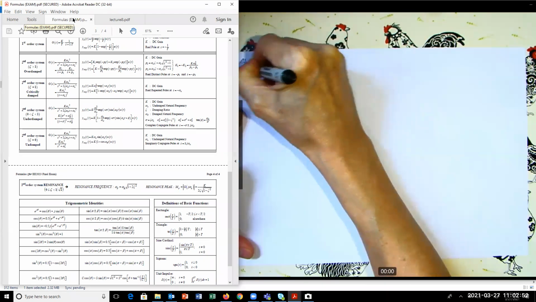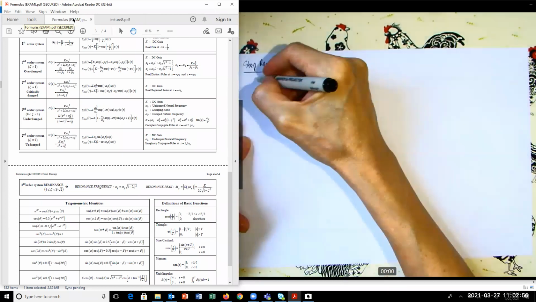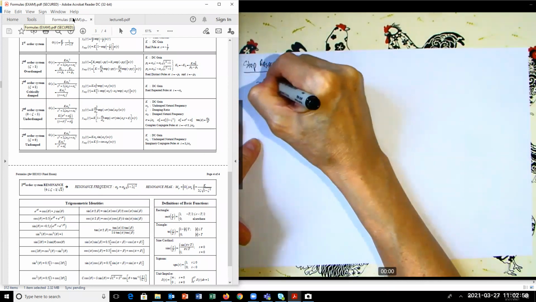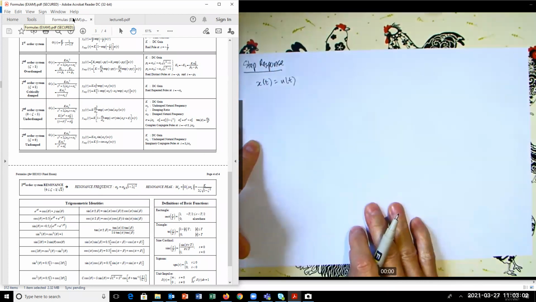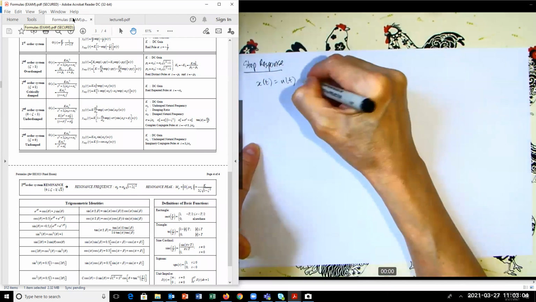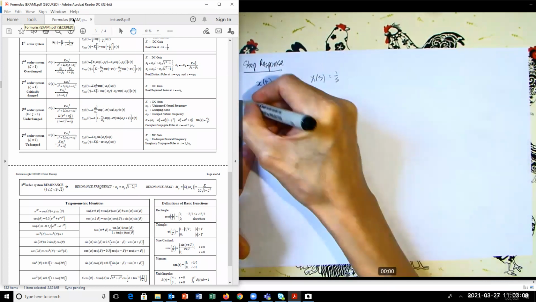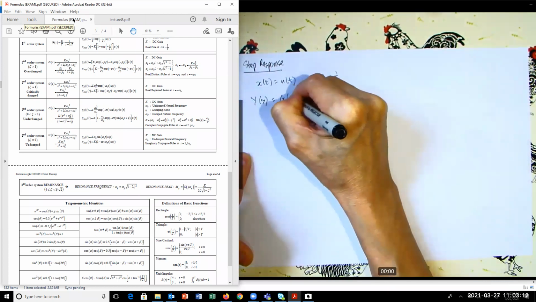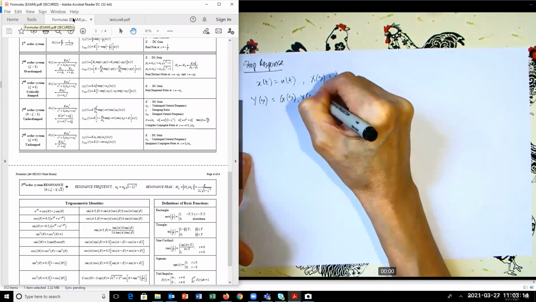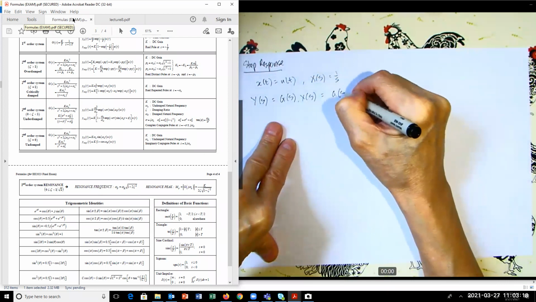We look at the step response. In this case your input is u(t), because your input is a step, which means that X(s) is 1 over s. And so your output, which is G(s) times X(s), will be G(s) times 1 over s.